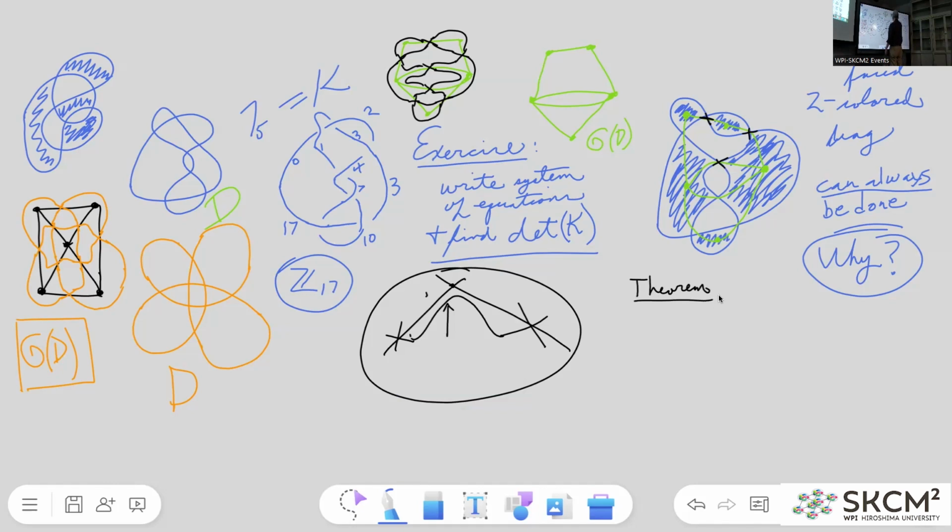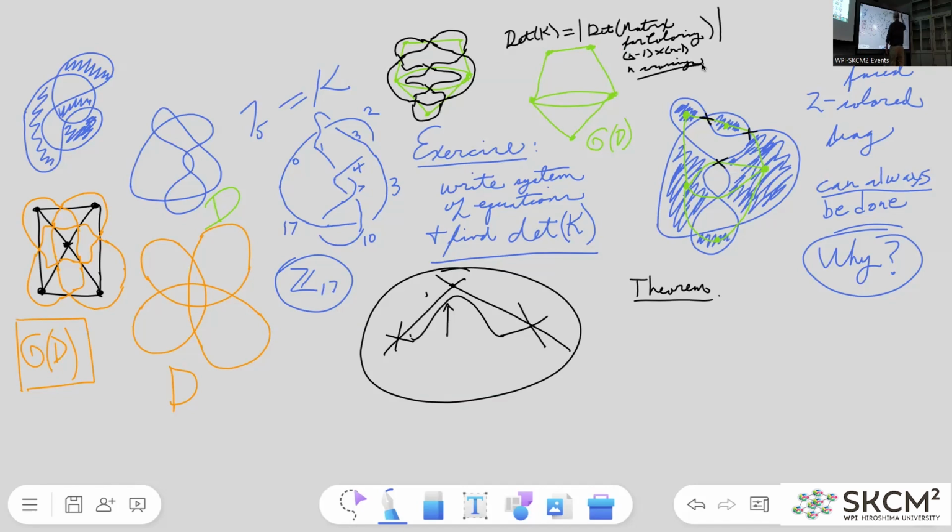Now remember that the determinant of a knot is a positive number or zero. It's the absolute value of the determinant of the matrix for coloring. That's our definition. The matrix for coloring is the n-1 by n-1 matrix when there are n crossings.